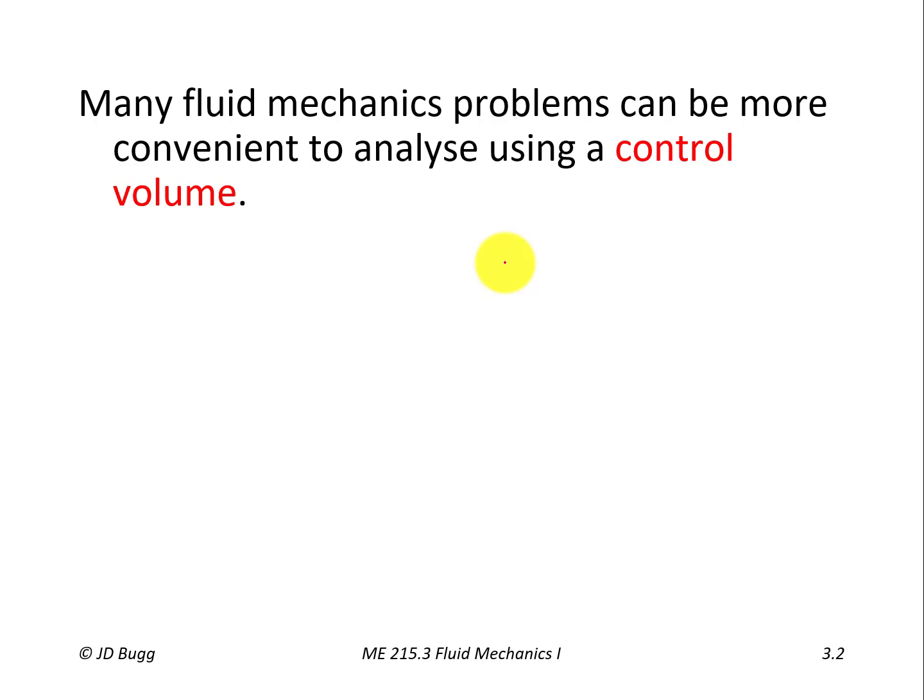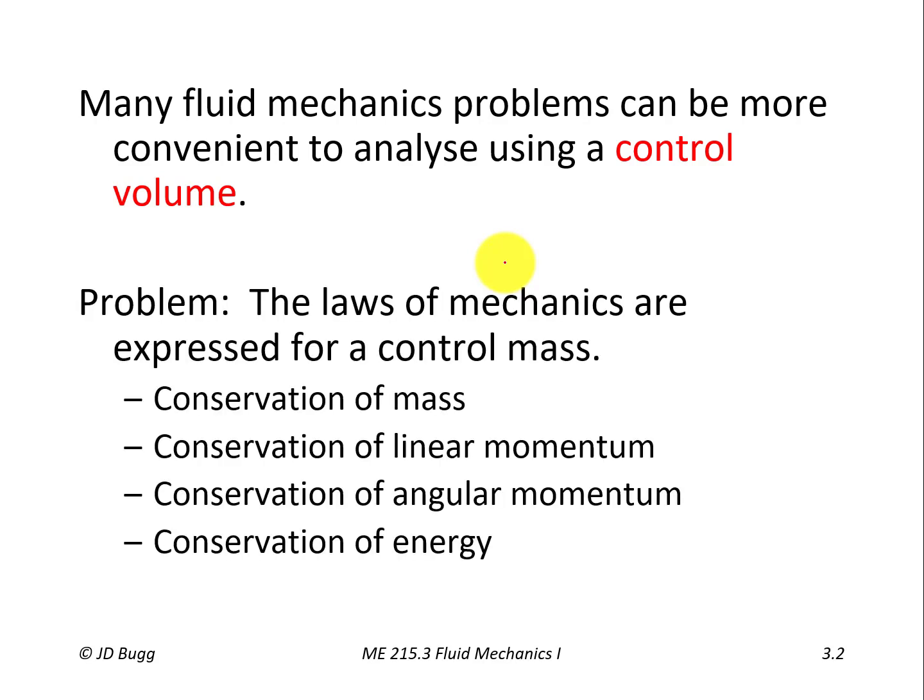So the problem we have though, the reason we can't just immediately start to do this, is that the laws of mechanics are typically expressed for a control mass. Usually when we pull the laws of mechanics out of our textbook, they're expressed for a control mass. So conservation of mass, conservation of linear momentum, conservation of angular momentum, conservation of energy, these things are valid when we apply them to an identified chunk of mass.